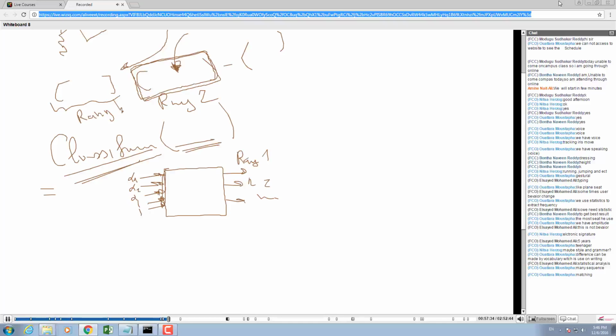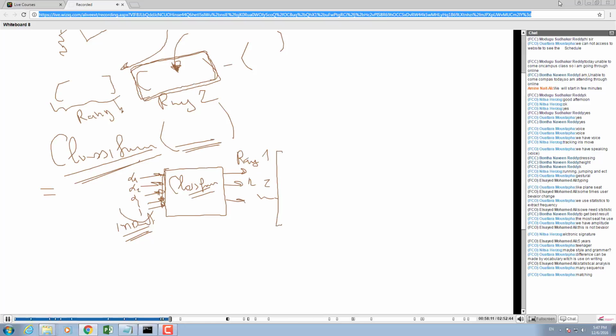Maybe range 1, range 2, or range 3, and so on. So there is an input vector, and this one is called the classifier. You use an input vector, and there will be an output vector.